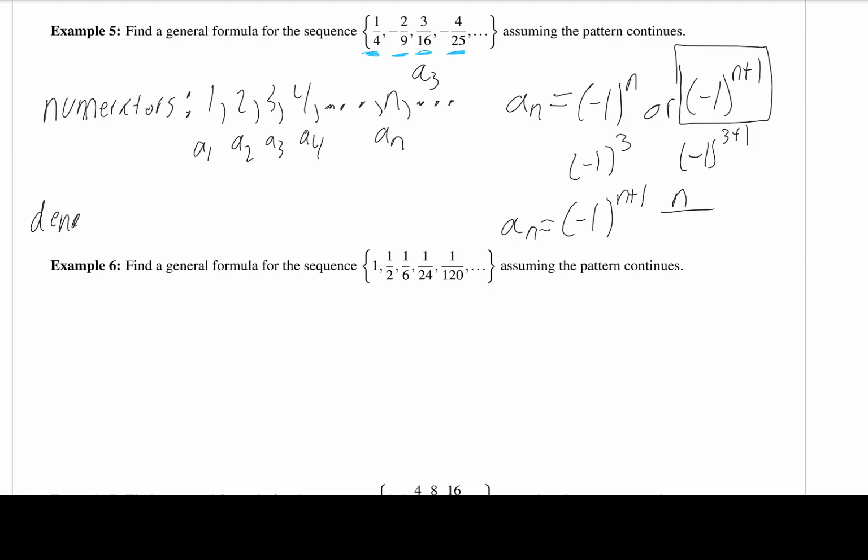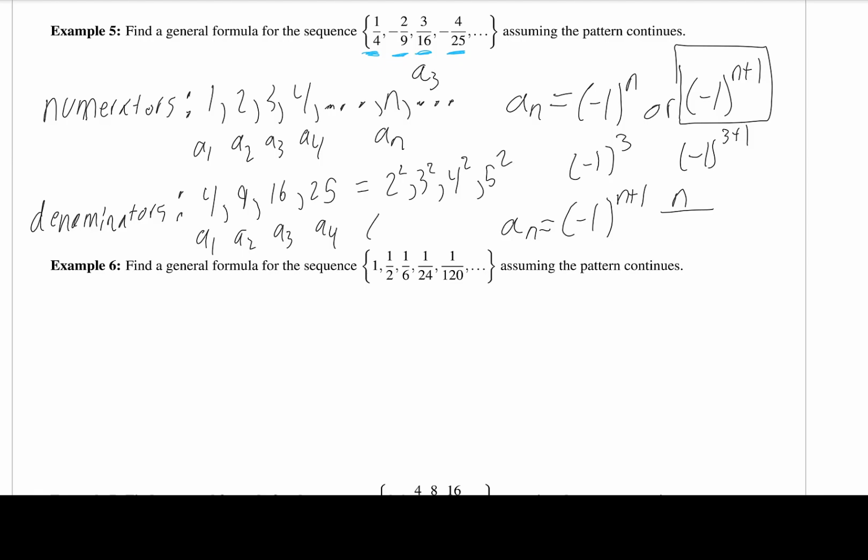For the denominators, we're given 4, 9, 16, 25. So this is a sub 1, a sub 2, a sub 3, a sub 4. Well, I noticed that this sequence is the same thing as saying 2 squared, 3 squared, 4 squared, 5 squared.